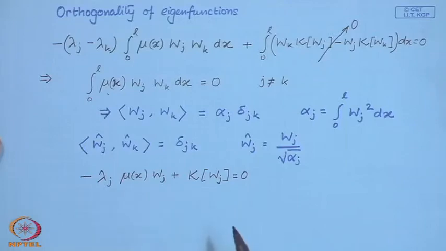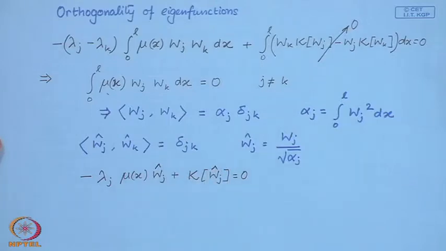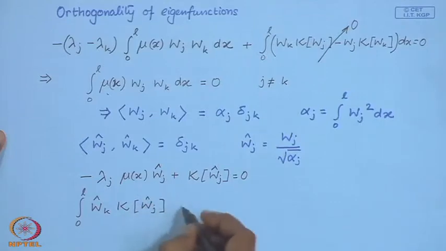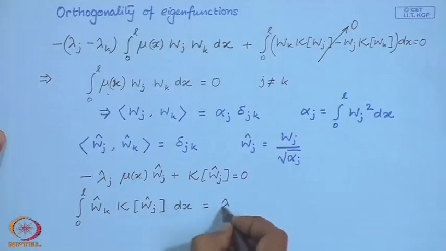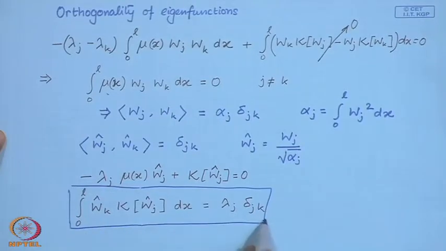If I multiply this equation, written for the normalized eigenfunction, with W_k hat and integrate, this shows that the eigenfunctions are orthogonal also with respect to the stiffness operator K.